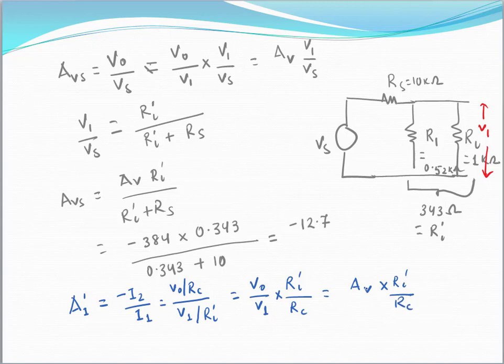We know the value of Av, Ri dash and RC, so we can calculate here minus 384 into 0.343. I have taken it in kilo ohm, and this is 10 kilo ohm, so it will come around minus 13.15.